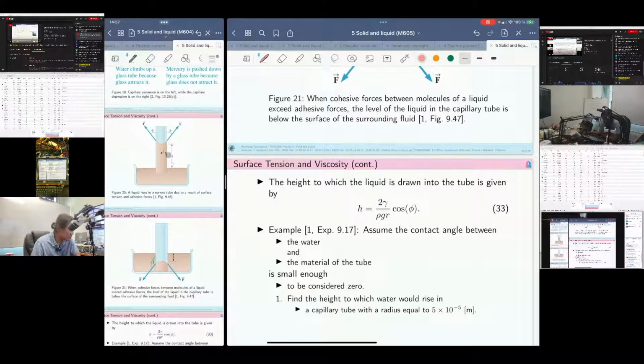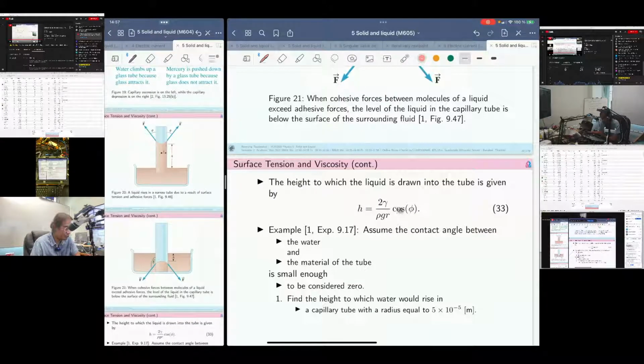It will be easily noticeable when we have strong surface tension. Any liquid that has a high amount of surface tension, we would be easily able to notice this effect.